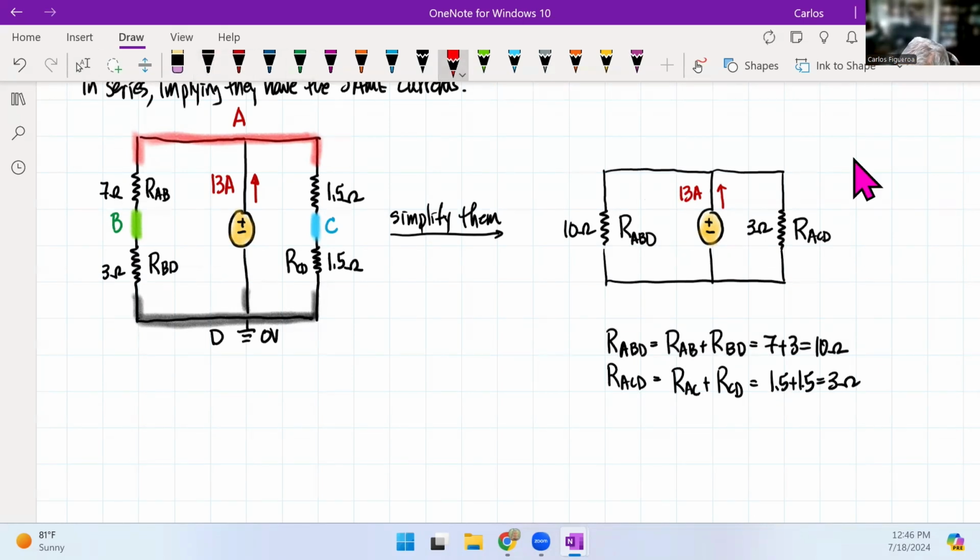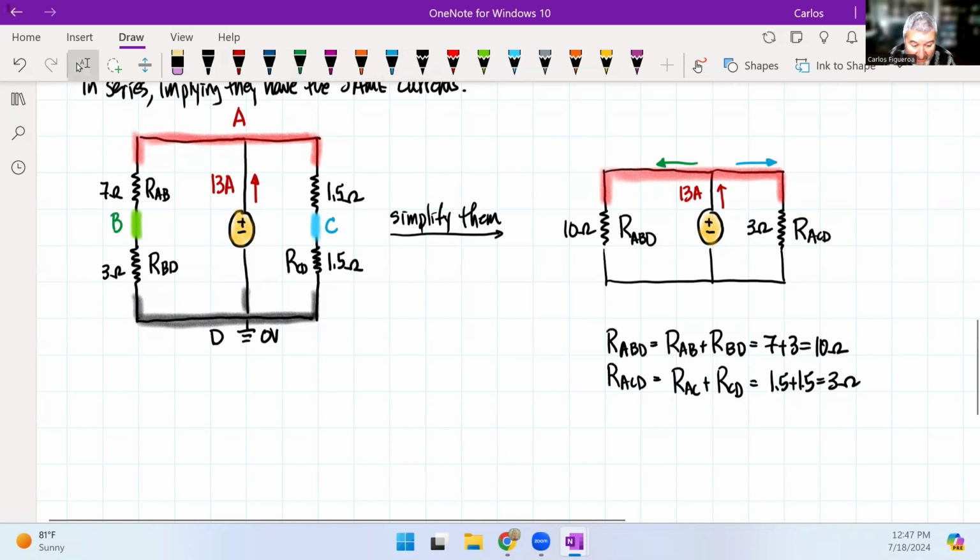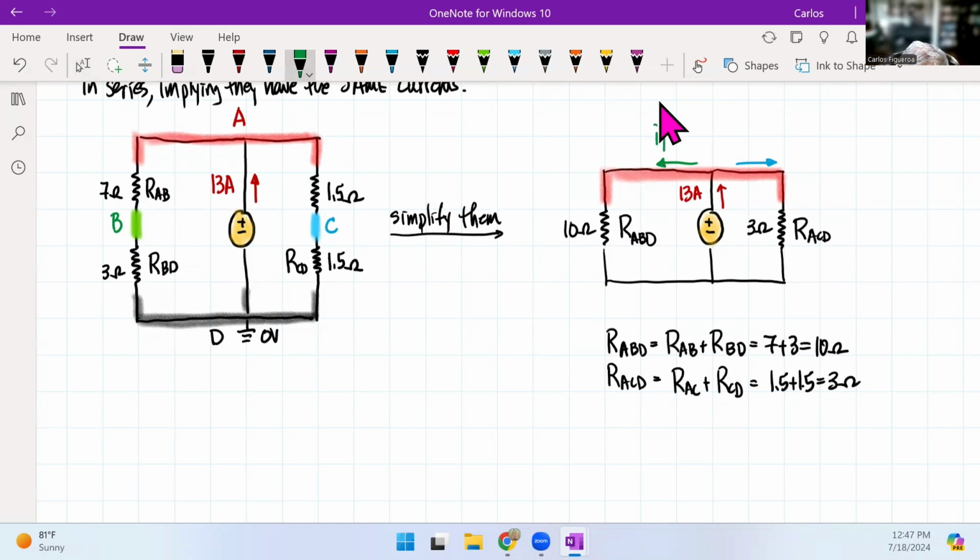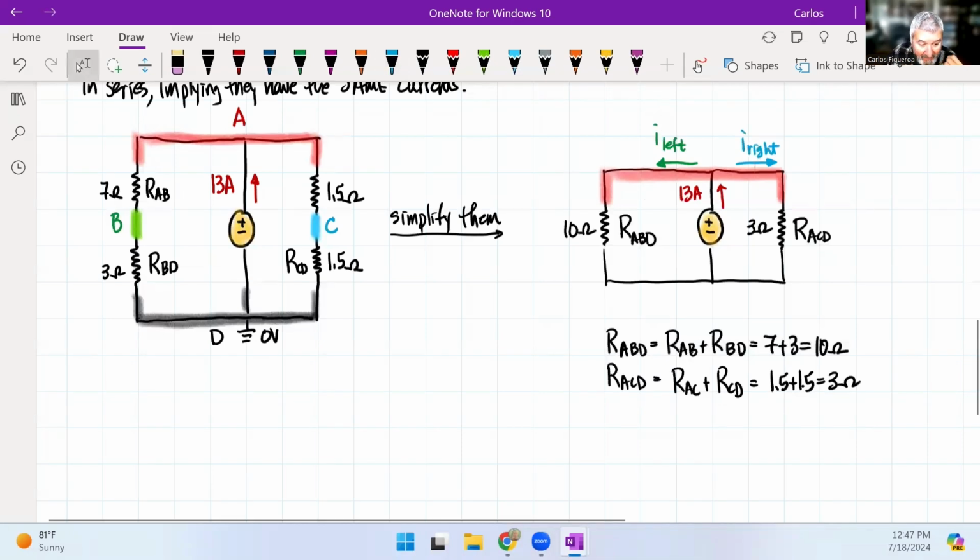So now I see that the 13 amps is being split. As it's being split, part of the current has to go in this direction, and part of the current has to go in that direction. So I'm going to label these as left and right. This is the current of the left branch, and this is the current of the right branch.